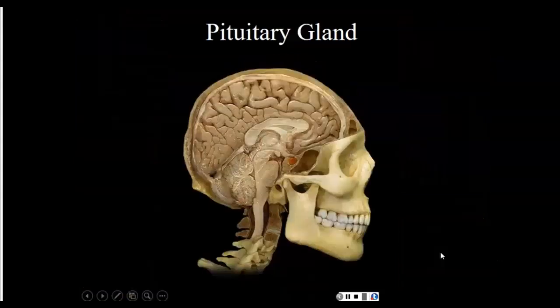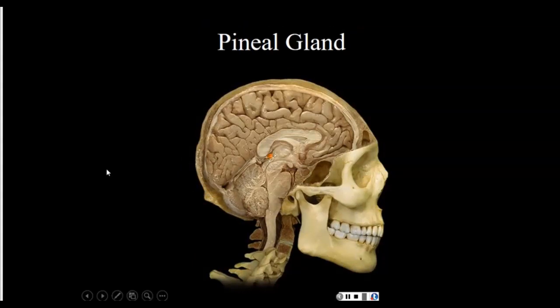Here's the pituitary gland. It's protected by the sphenoid bone, and this section of the sphenoid bone is called the sella turcica, but that sphenoid will protect that pituitary gland. Here's the pineal gland in the back end of the diencephalon.